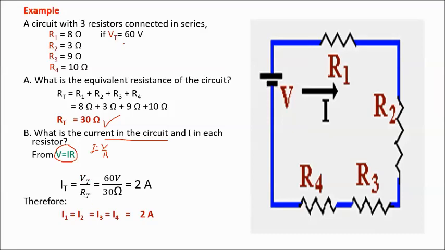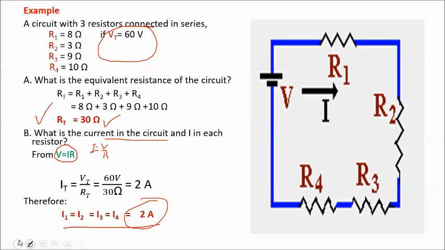Our V total is 60, given in the problem, and R total we got by solving. So 60 over 30 is 2 amperes. Again, since it is in series, I is constant; automatically, I1 is equal to I2 is equal to I3 is equal to I4 is equal to I total, 2 amperes.